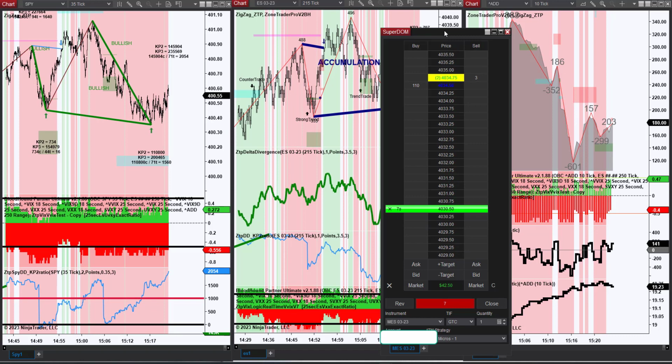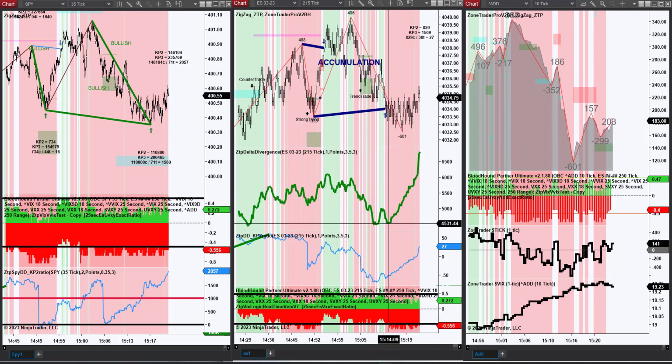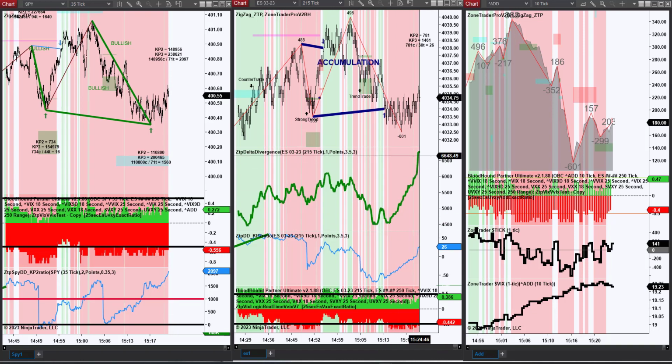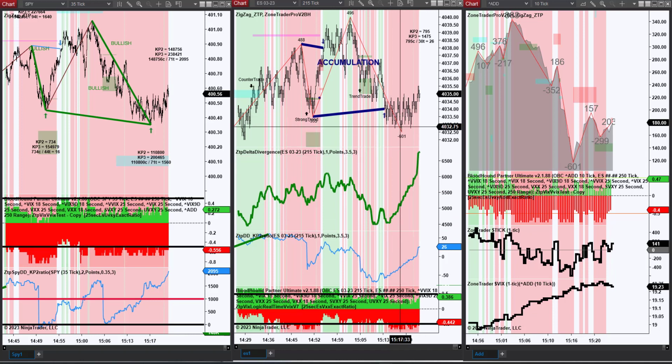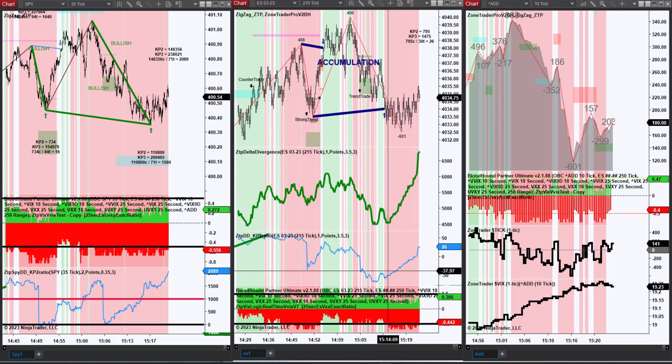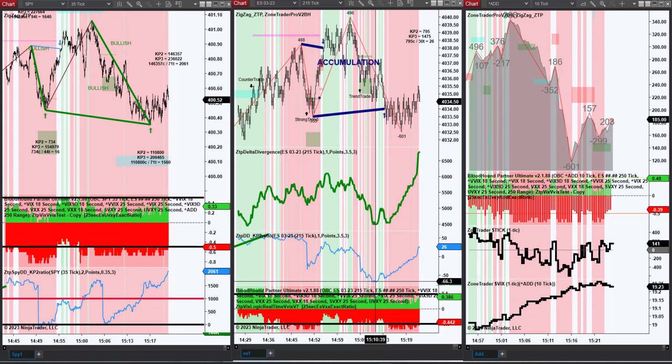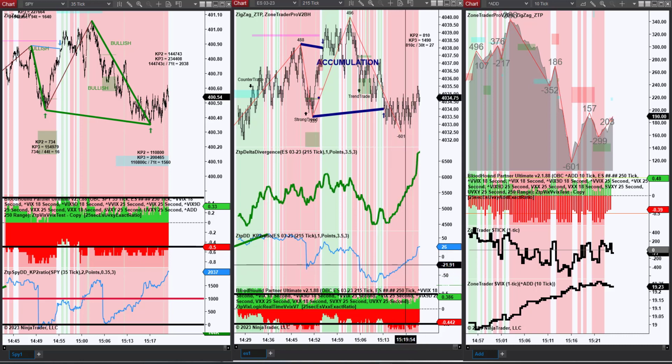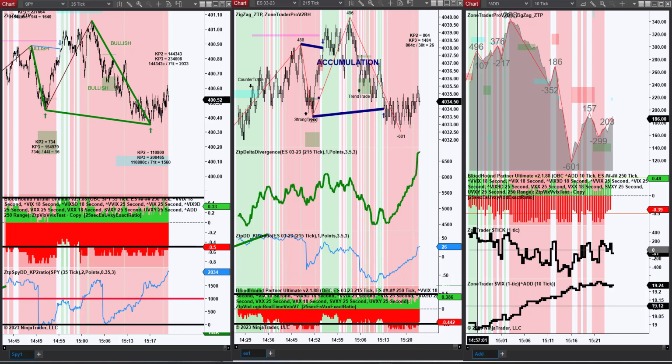I'm short here from 40.36, and what is so unusual is that starting back here, the delta has increased by something like 2,000 contracts, but price really hasn't moved significantly higher. What you also see is the KP2 ratio, which is the measure of resistance, coming in and basically stopping the move higher.